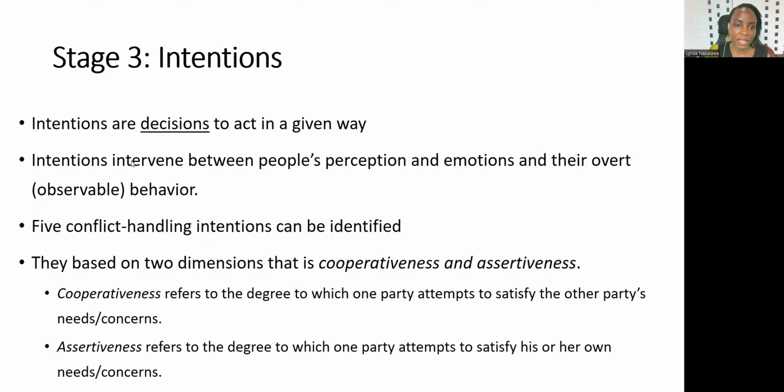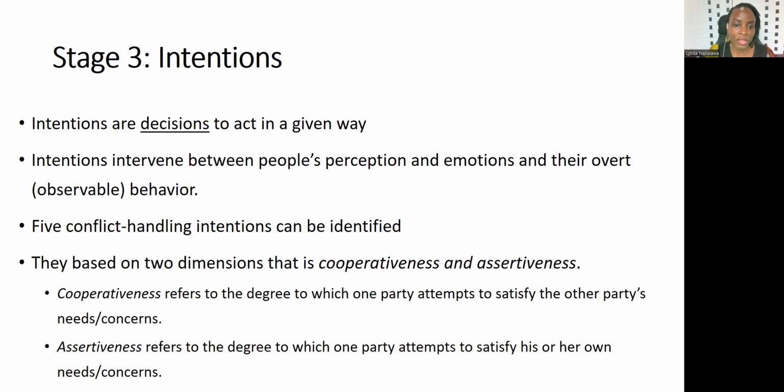They intervene between people's perceptions and emotions and their observable behavior. Between what I perceive and what I feel, I have to make a decision to act a certain way. And these intentions are what go through my mind before people actually see what I do.